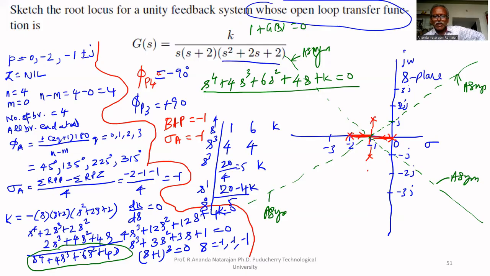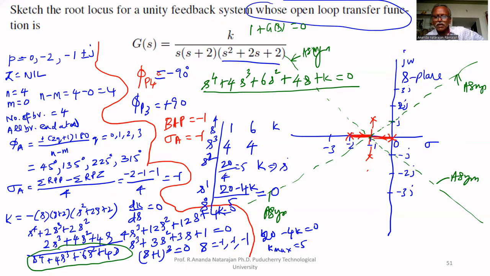So to find k max, we have to equate the s power 1 row to 0. Therefore, 20 minus 4k equal to 0, therefore k max equal to 5. Substitute this in the s square row.